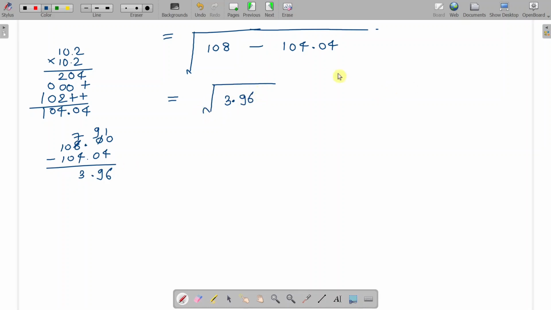So root of 3.96 we have to find. So 03.96, two digits we have to select. So 1 ones are 1, then 2 remains here, right? Now point, so now 96 we have to take down, so 2 we have to double here.